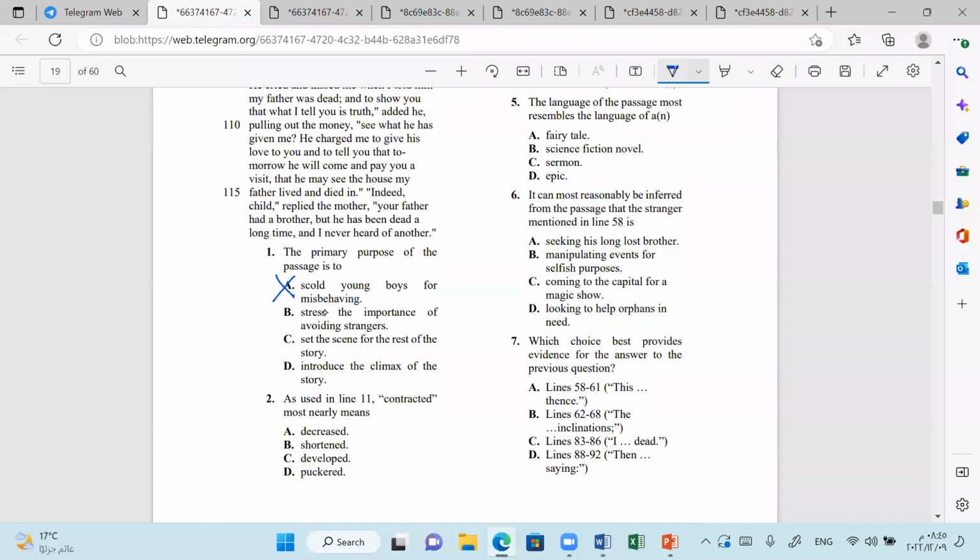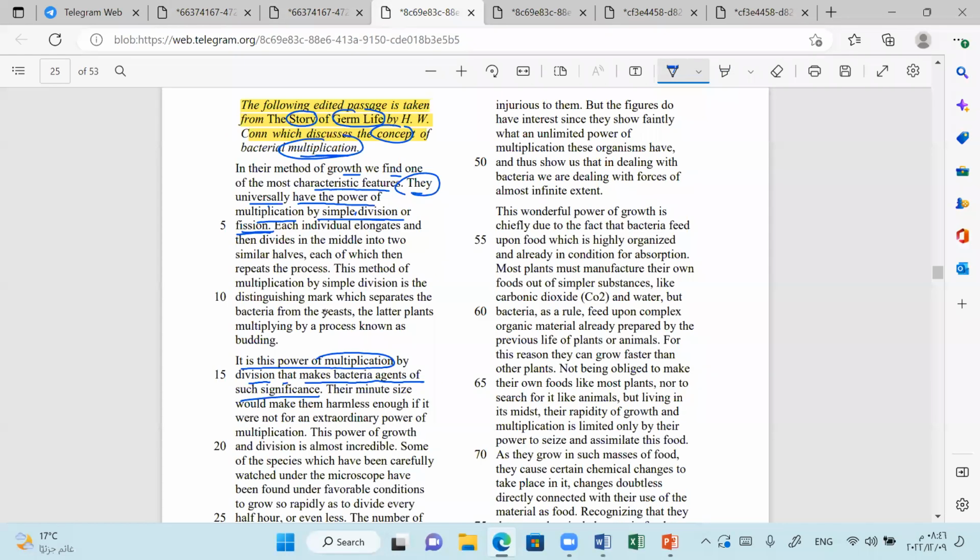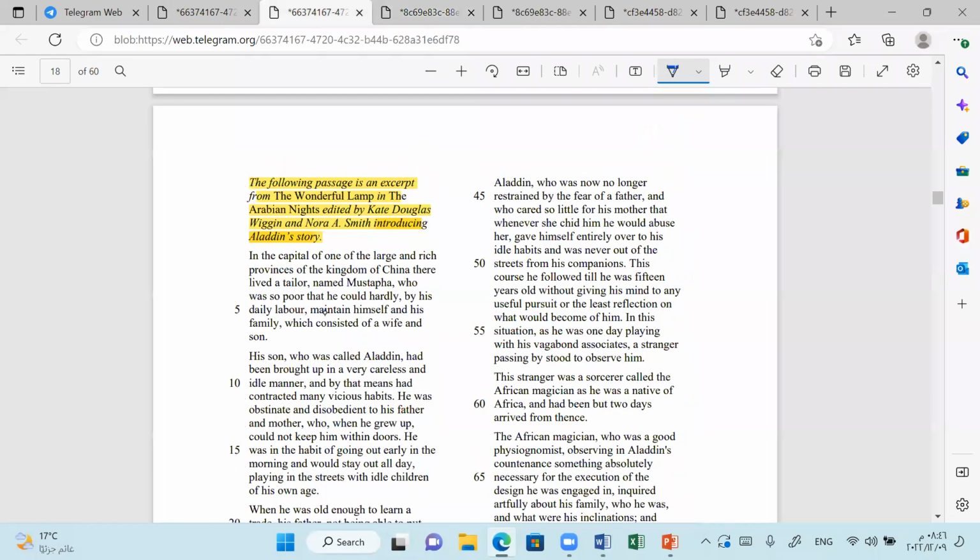This is very specific, so I get rid of the specific answers. Stress the importance of avoiding strangers: no reference. In the blurb, I have a reference to introducing Aladdin's story. That's it.